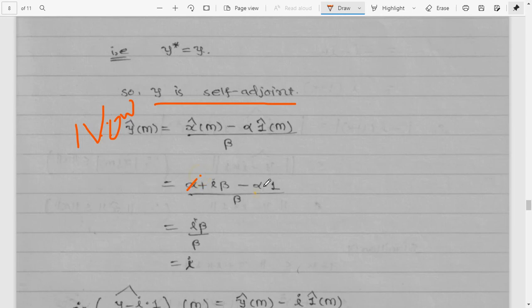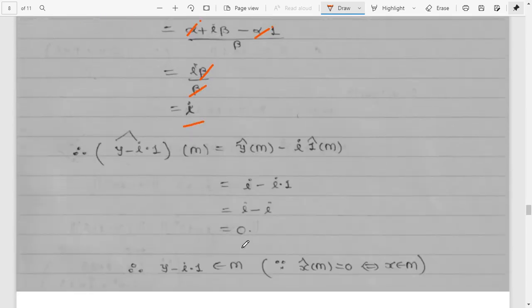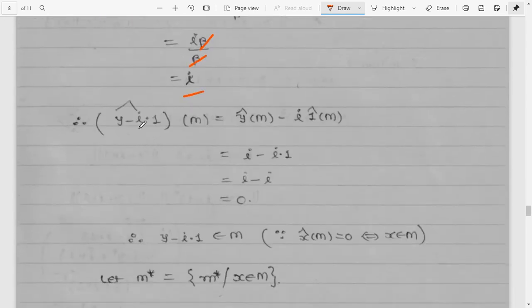So alpha and alpha cancel out, so iota beta upon beta, beta and beta cancel out, so this is equal to I. So y cap of m is equal to I. Now y minus iota into 1 cap of m is equal to y cap of m minus I into 1 cap of m. 1 cap of m is equal to 1, and y cap of m is equal to I from here. So I minus I is equal to 0. So this is equal to 0.